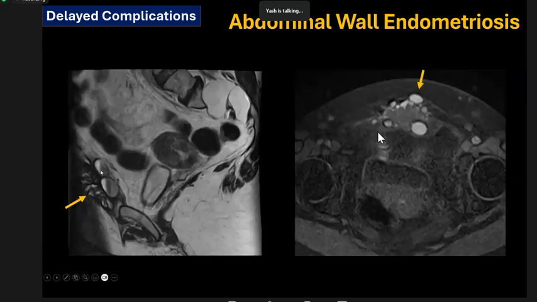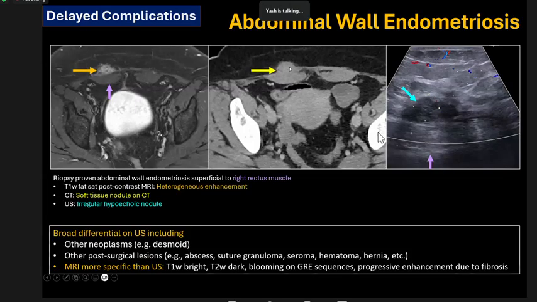Other clues can be either it is T2 very, very dark because of fibrosis, or it can form cysts and there will be fluid levels. So all these are pointers towards scar endometriosis, because it can also have non-specific appearance like this on CT or ultrasound or even on MR. And we might have to throw in some other differentials like desmoid tumor or suture granuloma or even lymphoma.